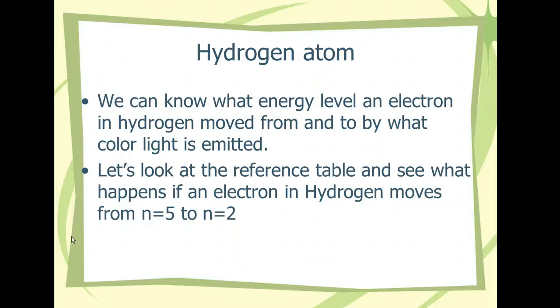So we're going to look at the reference table and see what happens if an electron in hydrogen moves from the fifth energy level, n equals 5, to the second energy level, n equals 2. You have this reference table with you at home, hopefully. I handed it out a couple of days ago, so feel free to look at it while we go. Actually, let's do n equals 6 to n equals 2.